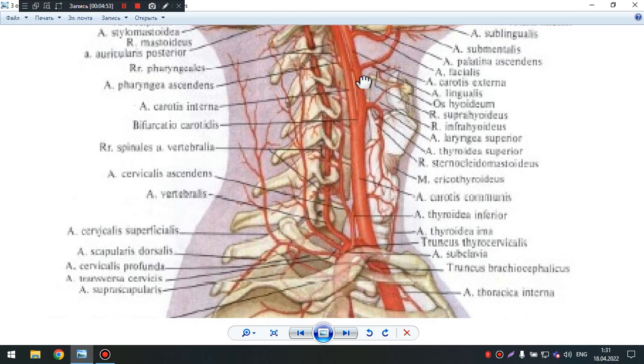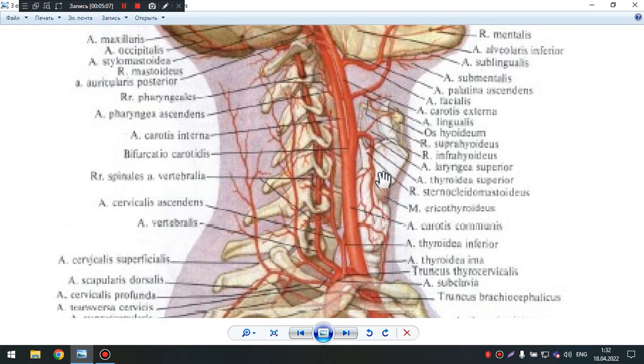Superior thyroid artery blood supplies the larynx, thyroid gland, laryngopharynx, and esophagus, and blood supplies the hyoid bone and muscles below the hyoid bone.